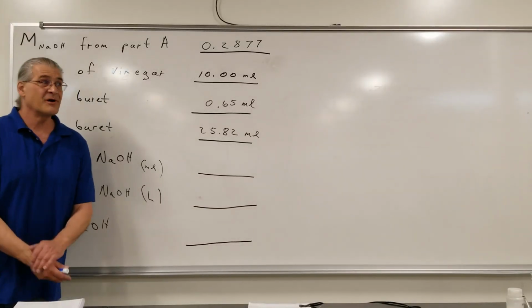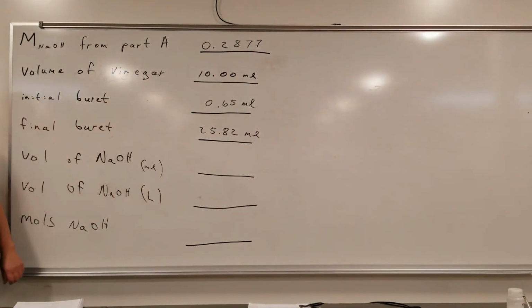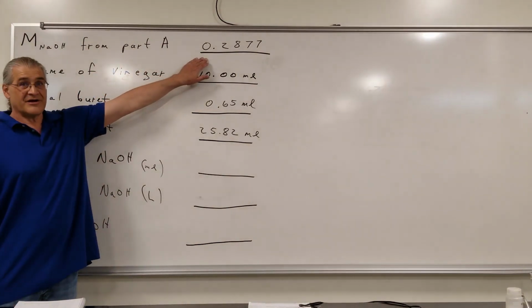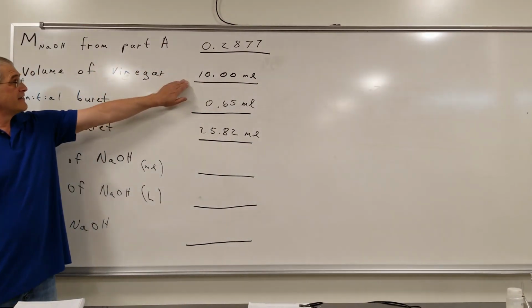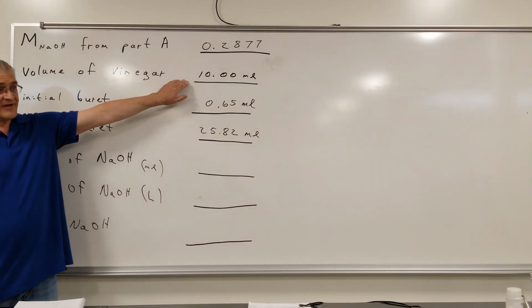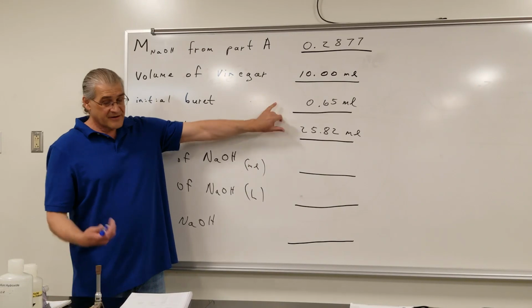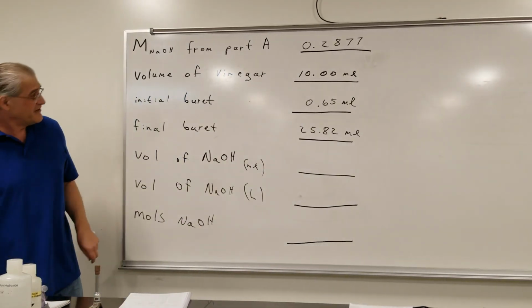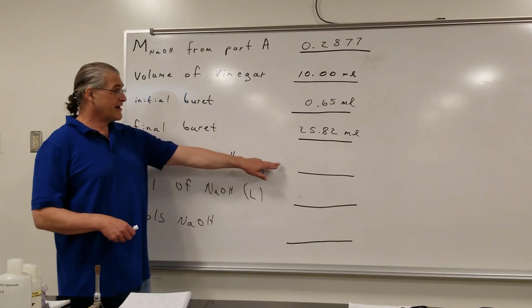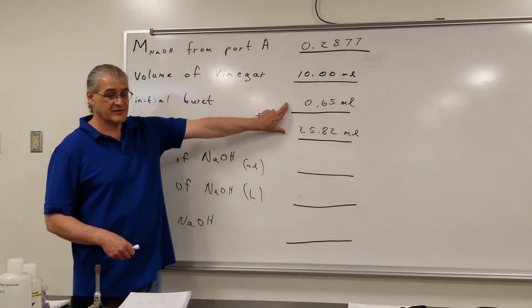Hey guys, so for part B, you'll have data that will look like this. You have the molarity of the sodium hydroxide from part A, the volume of the vinegar that we measured with the volumetric pipette, the initial and the final volume of the burette. To complete this lab report, it's pretty easy to get to the volume of sodium hydroxide, the difference between the two numbers.